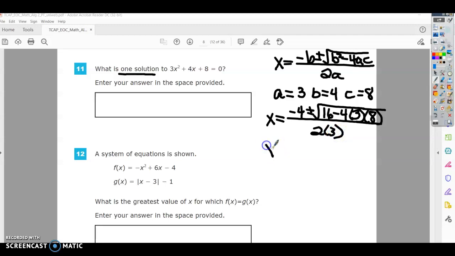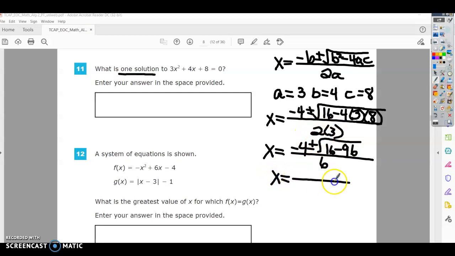All right, and then I'm just going to simplify, always simplify underneath the radical first. So I've got a negative 4 times 3 times 8. When I multiply that, I get negative 96. I'm still going to have the 16, and these three multiplied together give me negative 96. And then 2 times 3 is 6.